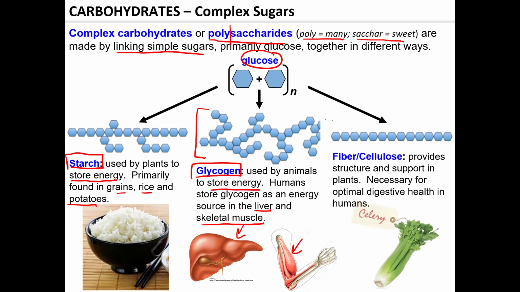Finally, if we go ahead and take a ton of glucoses and put them together like this, you'll notice that we are ending up with fiber or cellulose. Now, these are going to be very important for plants because it's going to provide support for them. And although we can't necessarily break these down, and whenever we do ingest these, we do get a little bit of energy from them, they're not going to be optimal for our digestion, but it's going to be great for our digestion health, meaning it's going to help with our bowel movements.